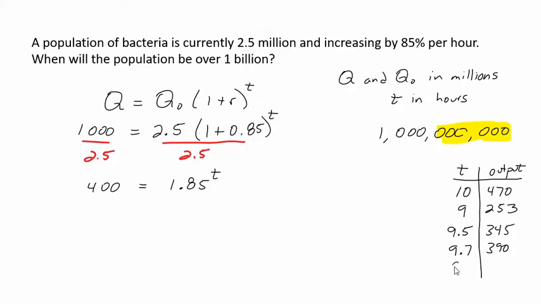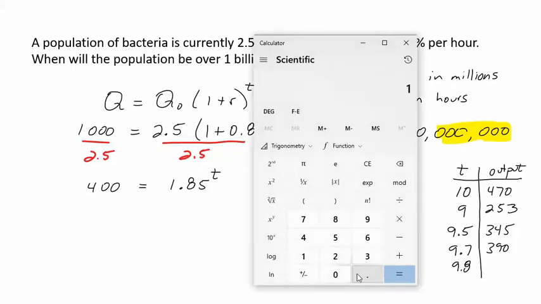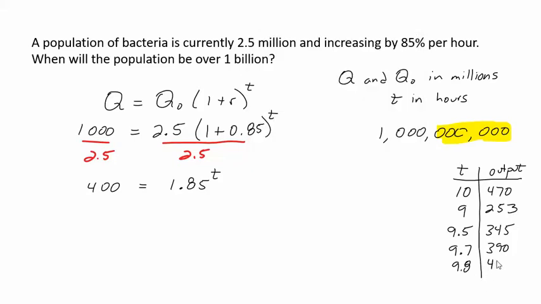Let's try 9.8. 1.85 to the 9.8 is 415. Okay, so we know t is between 9.7 and 9.8 hours. And it's hours because this was increasing at 85% per hour.